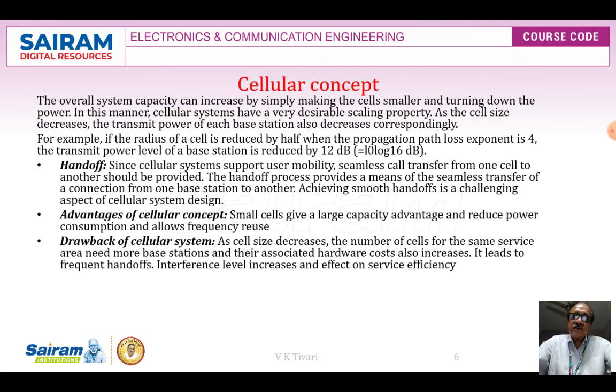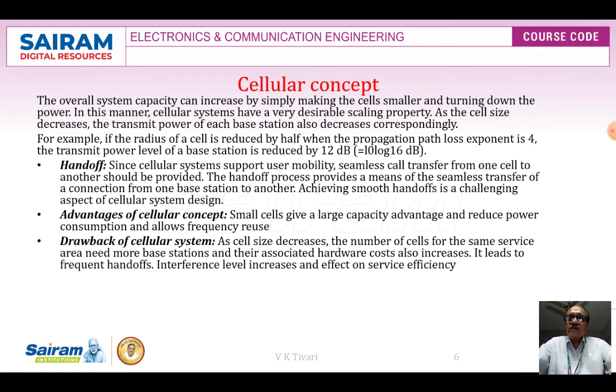That is the reason for that limit. If the height is more, definitely the radiation will be more. So if the cell size is less, the coverage size will also be less, and it will decrease the height of the base station tower.